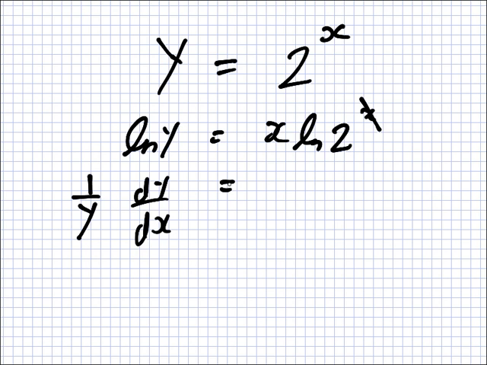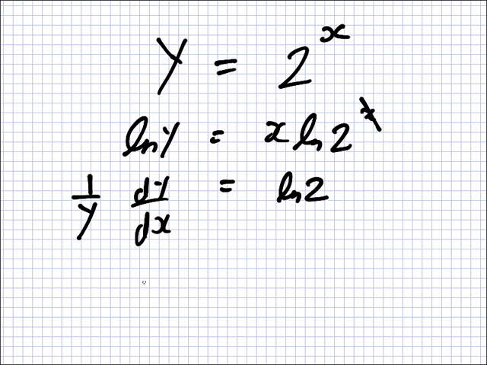Log 2 is constant. Because this is just a constant times x. If I said what's the derivative of 5x, you would say 5. If I said what's the derivative of x log 2, you would say log 2. Log 2 is just a number, about 0.7 or something.